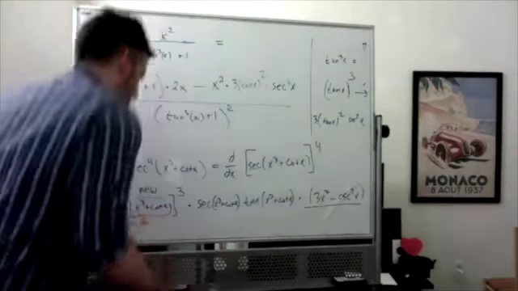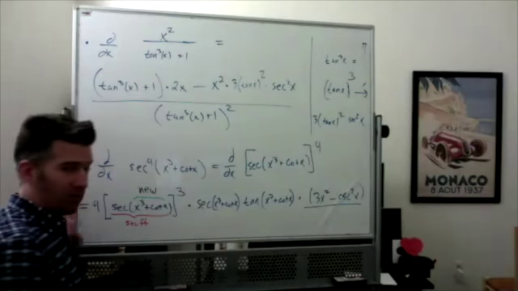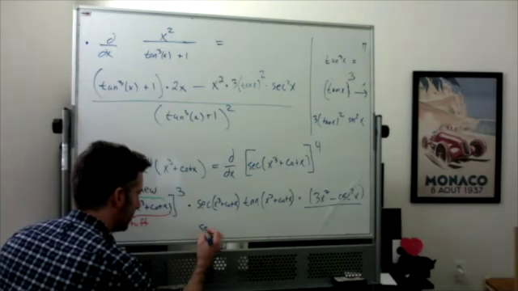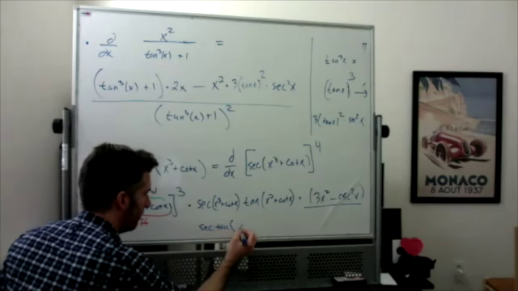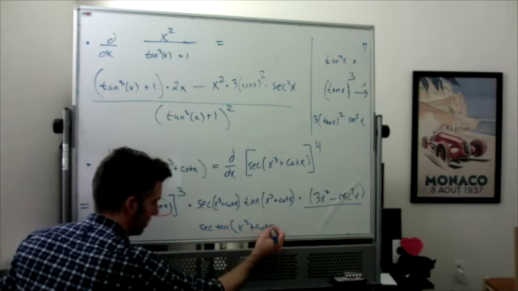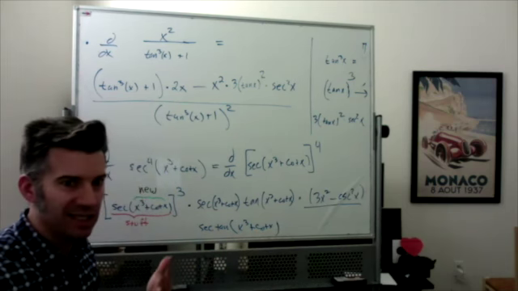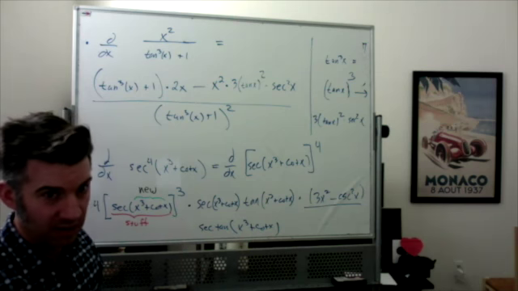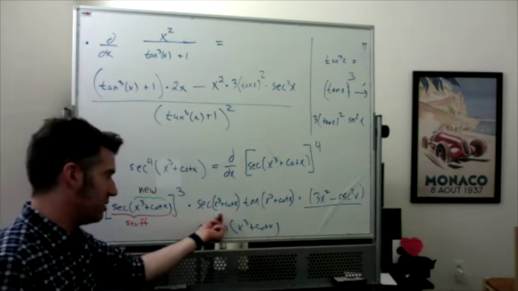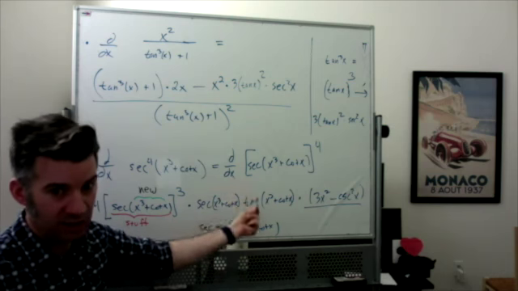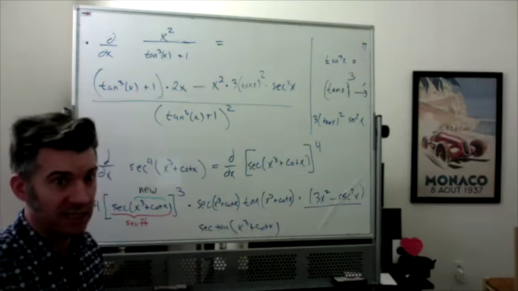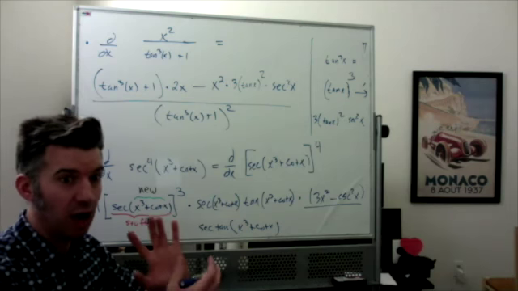I want to really emphasize here that you don't get secant tangent of x cubed plus cotangent x. Secant tangent is not a thing. Secant of x times tangent of x is a thing. Secant of x cubed plus cotangent x times tangent of x cubed plus cotangent x is a thing. You have to have secant of something times tangent of something.